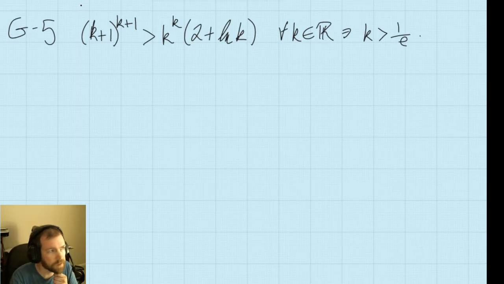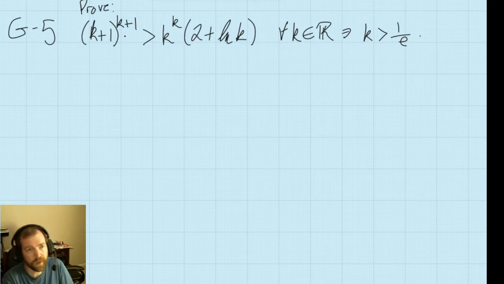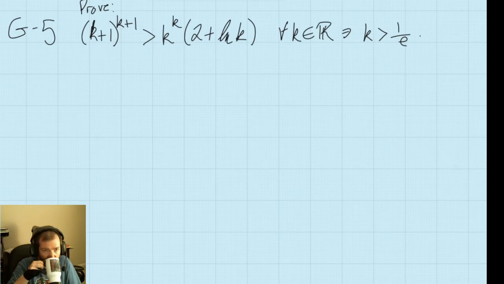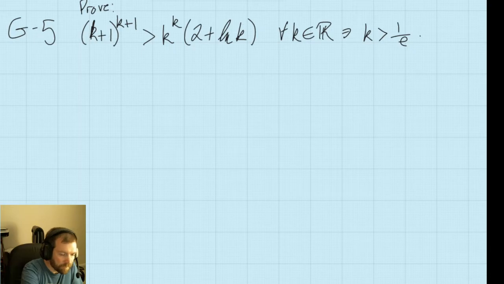Right, so the goal here is to set up a proof. I've been on a few random spurs of this, and I haven't finished it, but my first inclination was to take the natural log of both sides.